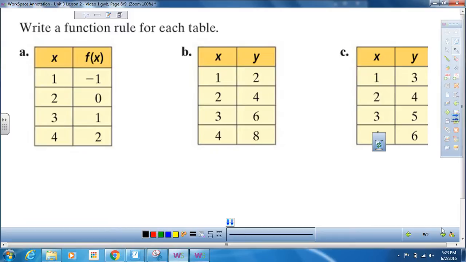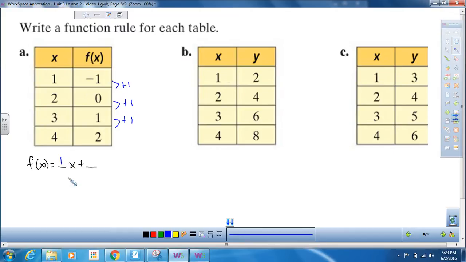Okay, let's do that a few more times. Again, in all three of these tables that I have here, x is just going up by 1, so I only really need to look at y. And let me write out my blanks here. F of x equals blank x plus blank. So the first blank comes from the change in y. Let's see. Looks like I'm adding 1. So 1x.